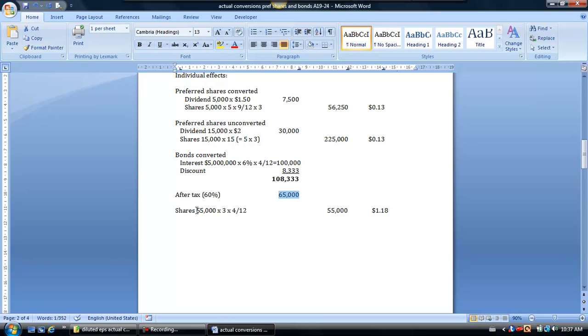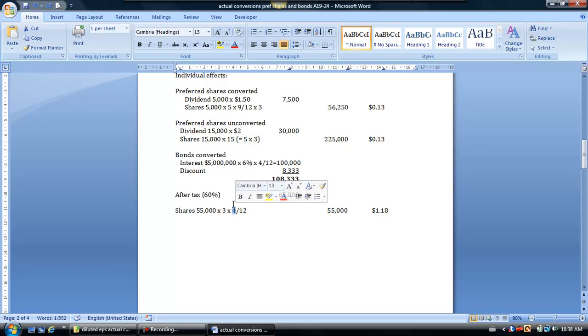How much sooner would the shares have been out there? Well, don't forget, these 55,000 shares were issued on April the 30th. But don't forget, they also get the benefit of that share split, right? Because anything that existed or was issued prior to December 1st gets the benefit of the split, right? And it's a 3-for-1 split. And if they had been converted earlier, we would have had them outstanding for 4 months earlier.